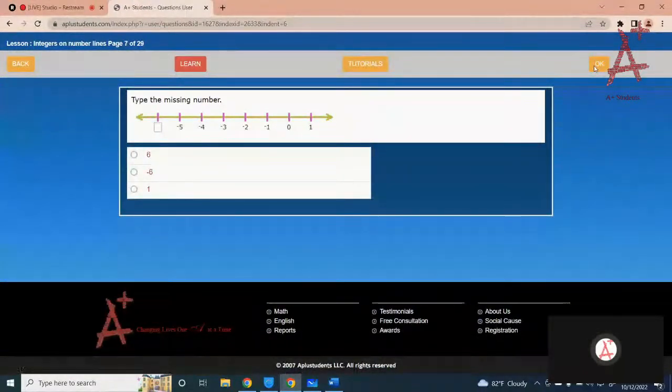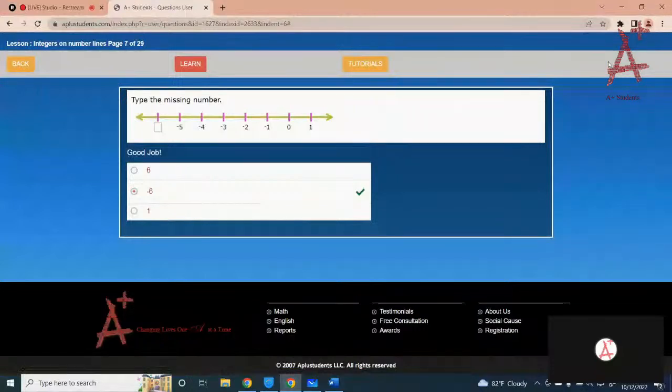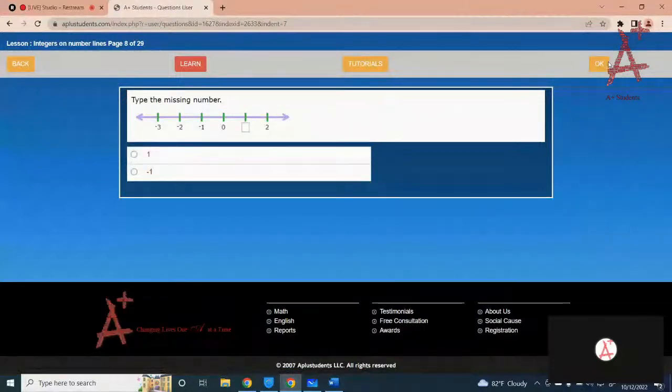Type the missing number. Which number is next to -5? It would be -6. Very good. Okay, type the missing number. Which number is in between 0 and 2?